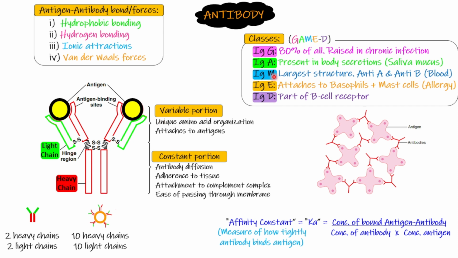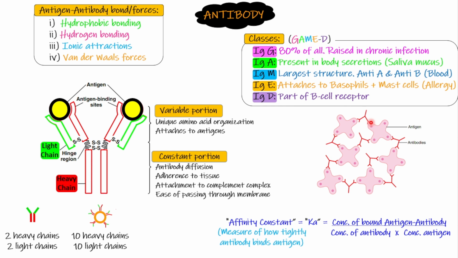One is raised in acute infections and is the largest in size, which is IgM. Then we have IgG, which is raised in chronic infections and has the greatest number. Then IgA, present in the body secretions, then IgE, which is increased in allergy, and then IgD, which is part of the B cell receptors.